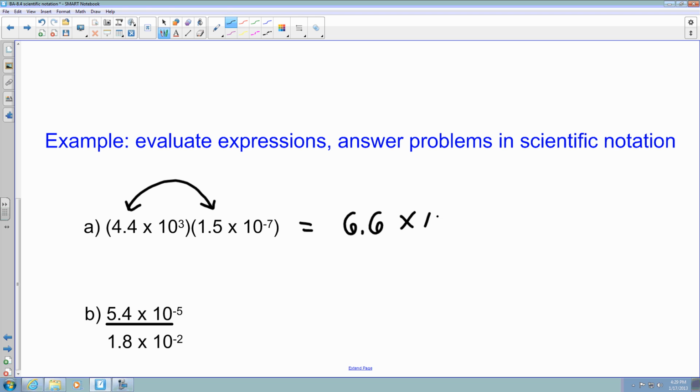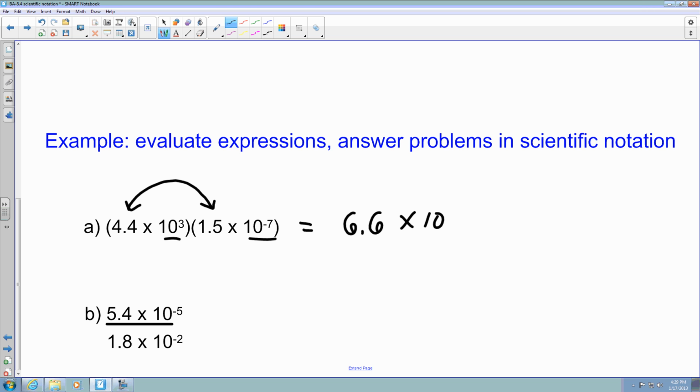So I go times 10, and then I see I'm 10 to the third power here, and I'm 10 to the negative seventh power here. So now we have to go back like what we learned in earlier sections, is we have to use the product powers property and add these exponents together, because we have the same base of 10.